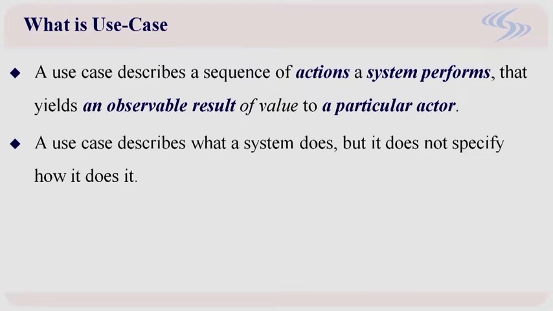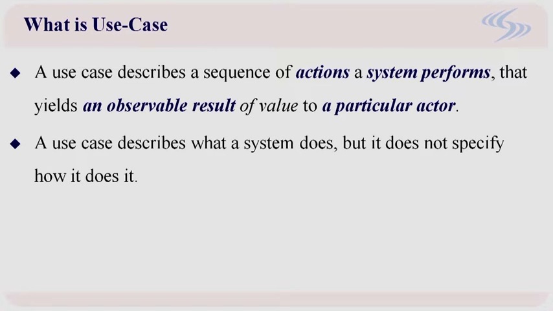So once the actors are determined for the target system, the next task is to determine the use cases of the target system. So a use case is defined in this way. A use case describes a sequence of actions a system performs that yields an observable result of value to a particular actor.